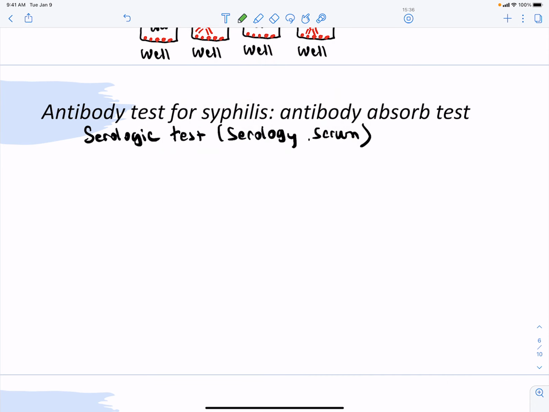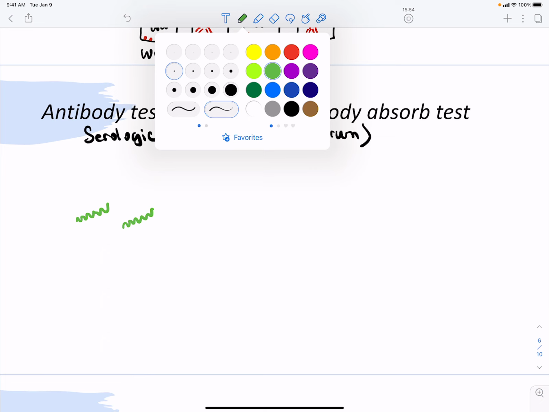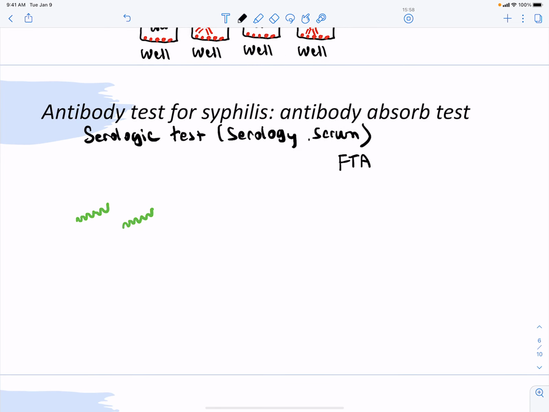So you have a spirochete bacteria. And basically the bacteria is a rod, and you can use a fluorescent antibody absorption test called FTA-ABS. And this is a fluorescent treponemal antibody absorption test.